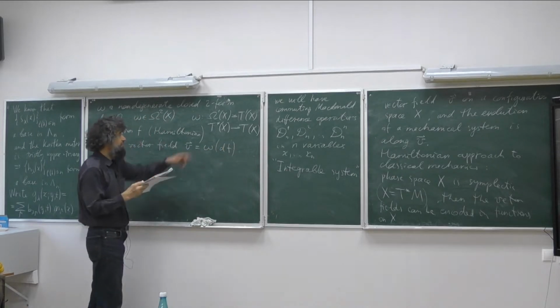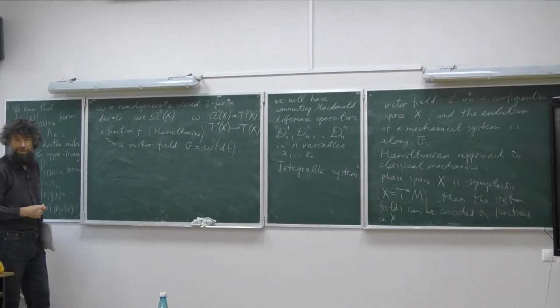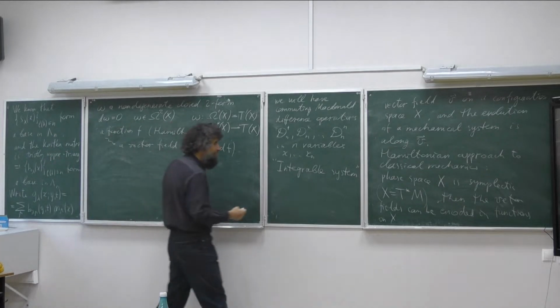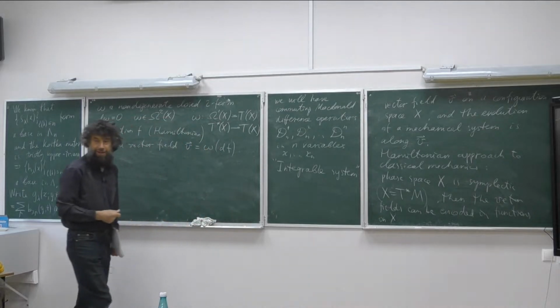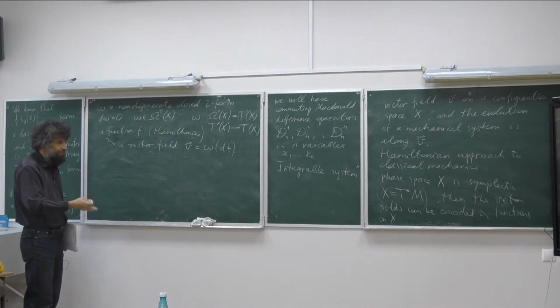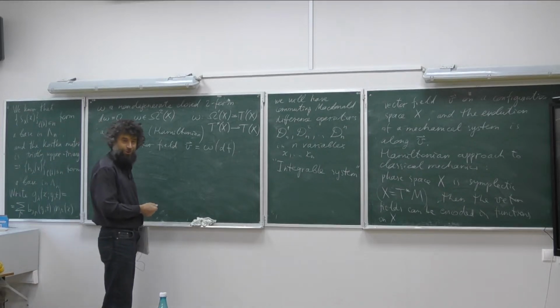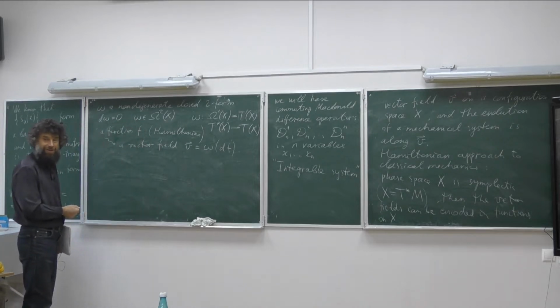So df is a one-form, we apply omega, we obtain a vector field. And this is one of the key points of, say, the Arnold paradigm of classical mechanics. It was not invented by Arnold, rather by Hamilton, but Arnold had the nerve to explain to everybody that classical mechanics is just symplectic geometry, nothing else.